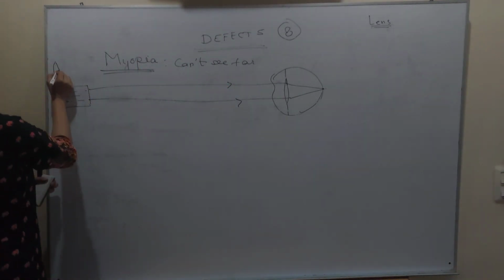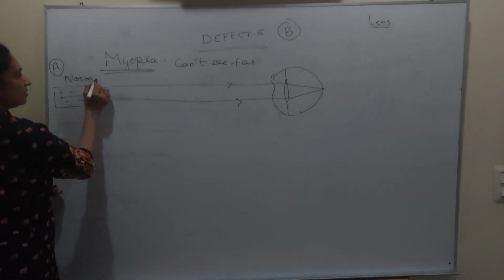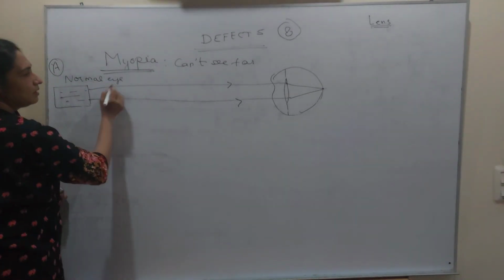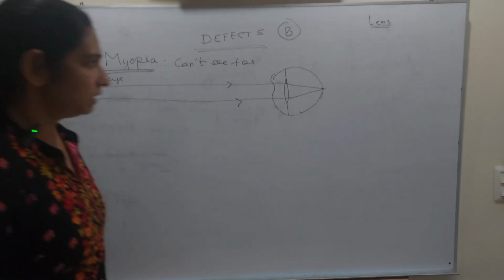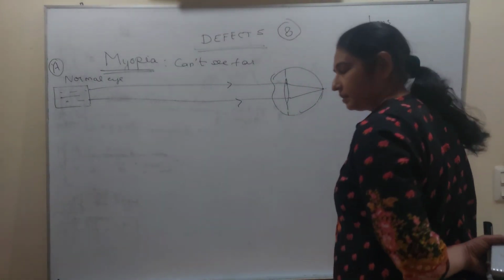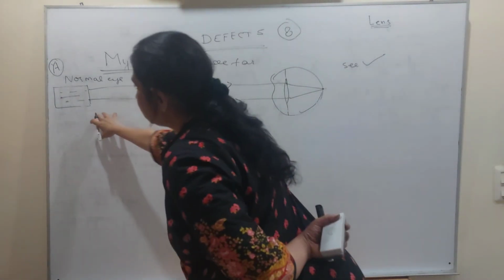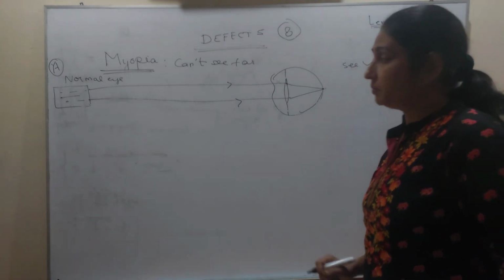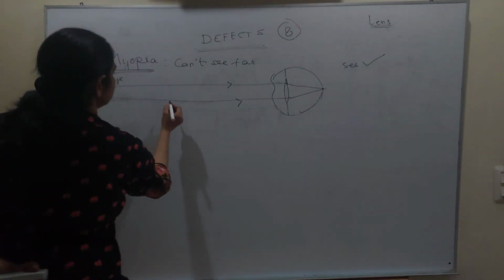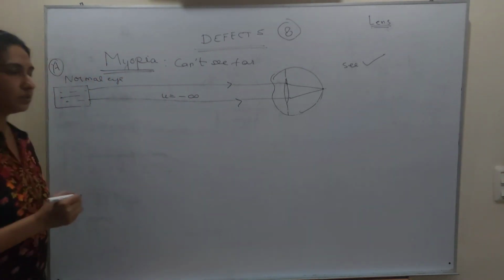This is the first part where the eye is a normal eye, and you can see things properly, right? See, the object and the eye are far away from each other. That's why we say that u, the object distance, is minus infinity.